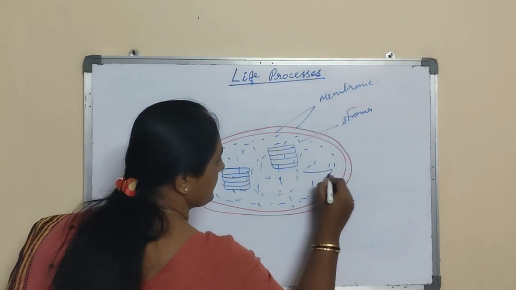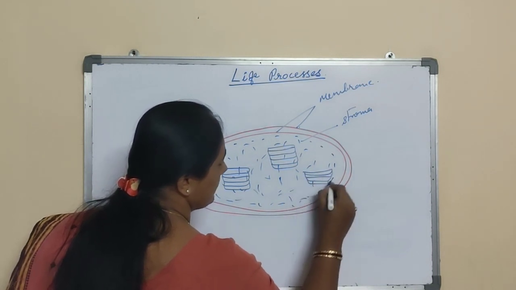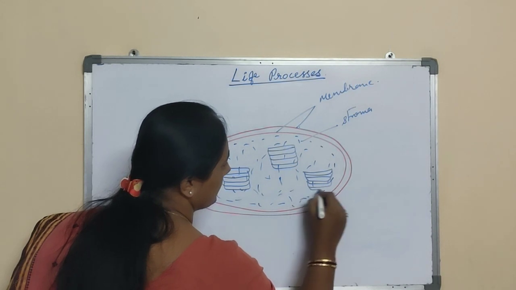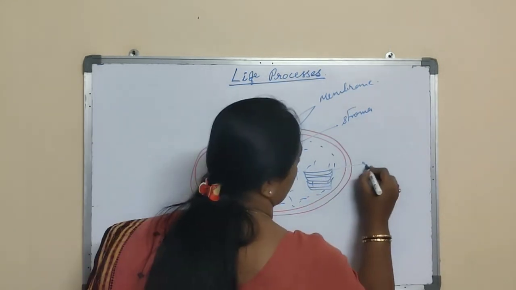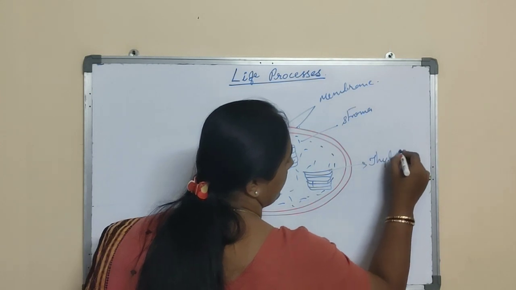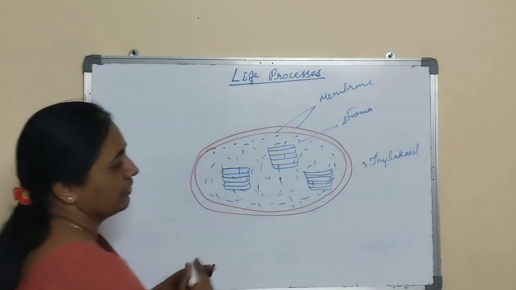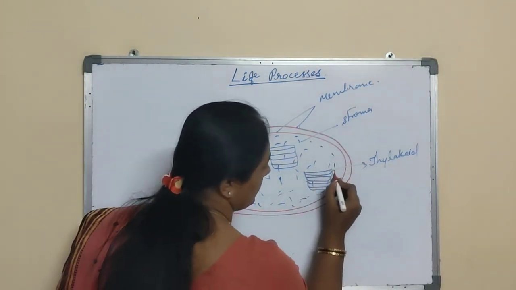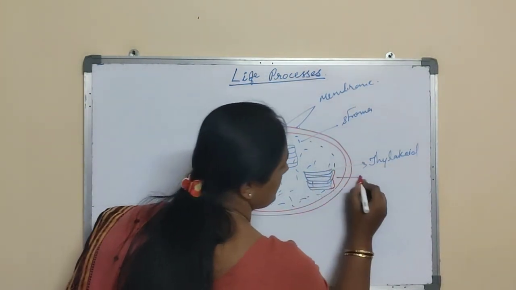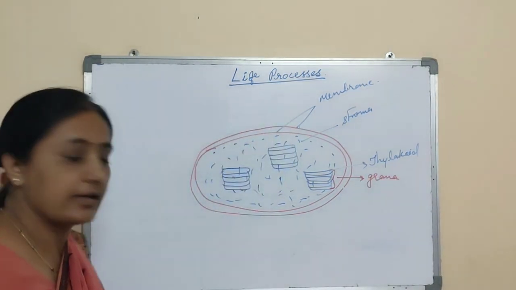This disc-like structure is called thylakoid. A single one is called a thylakoid. And the bunch of thylakoids one above the other, this bunch is called grana.